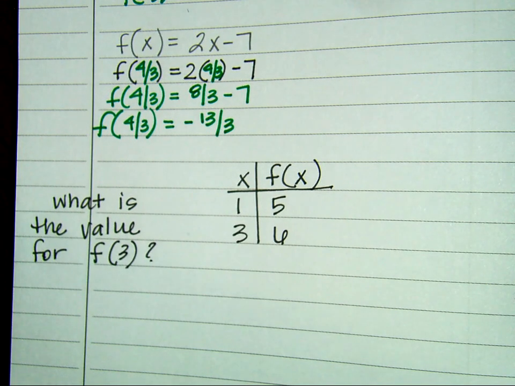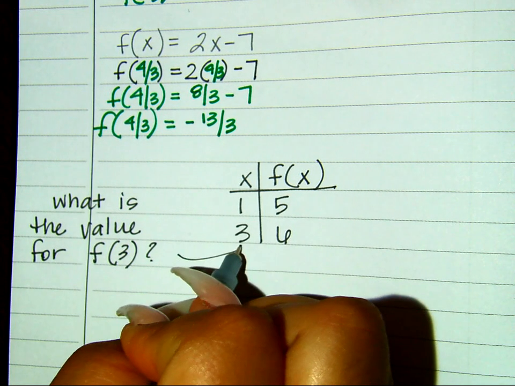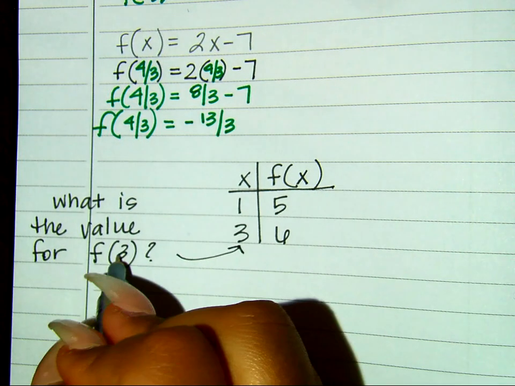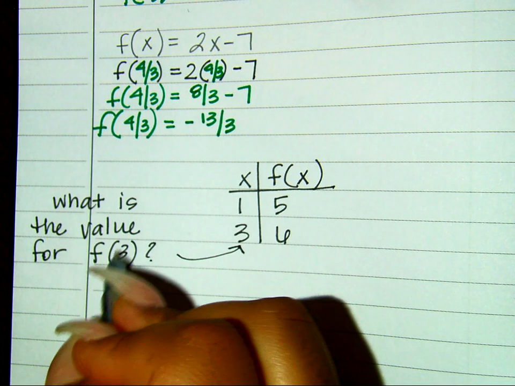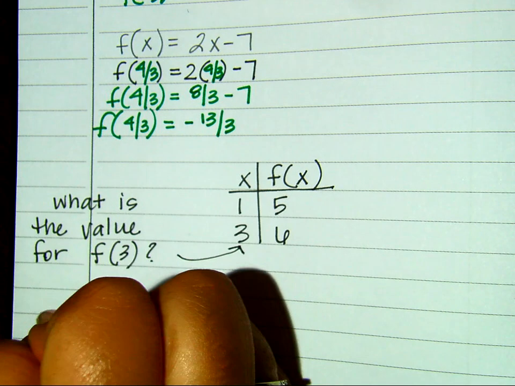What is the value? Here you go. I'm sorry. What is the value for f of 3? You would look to see what is the function where the x place would be substituted with 3, and you would go there, so the answer would be 6.